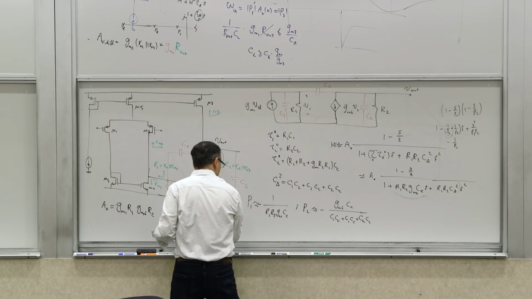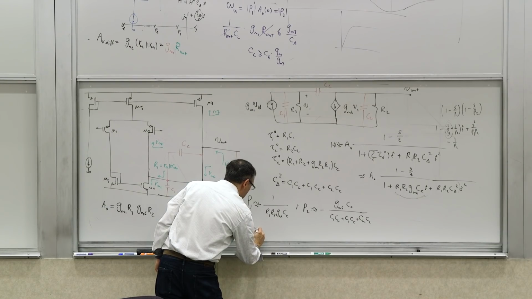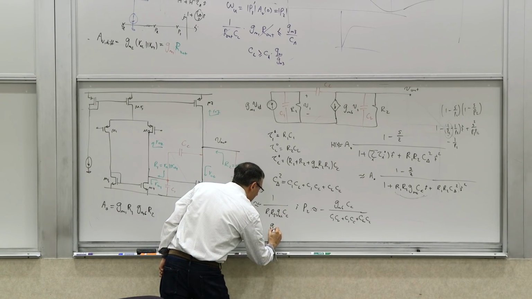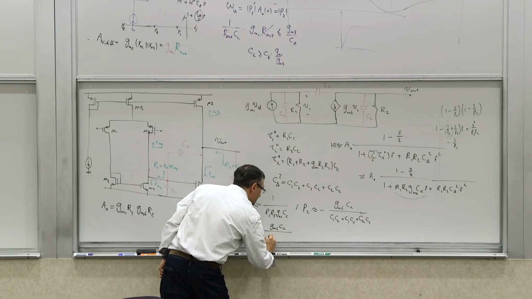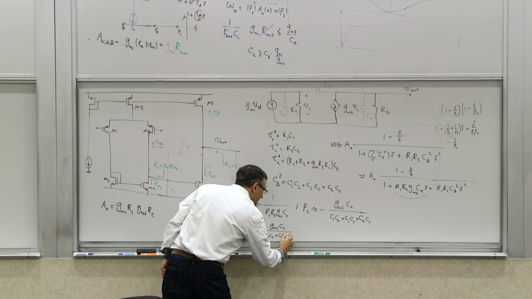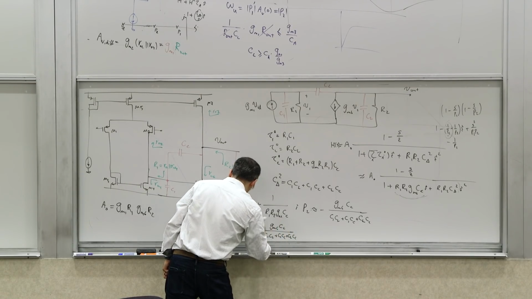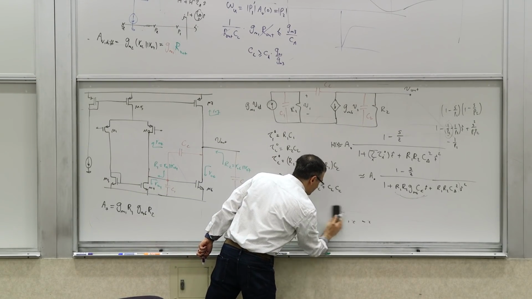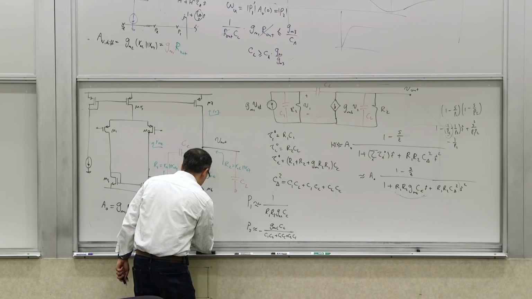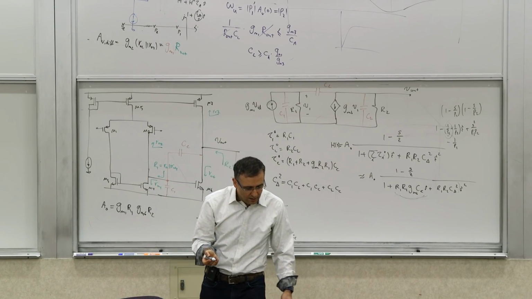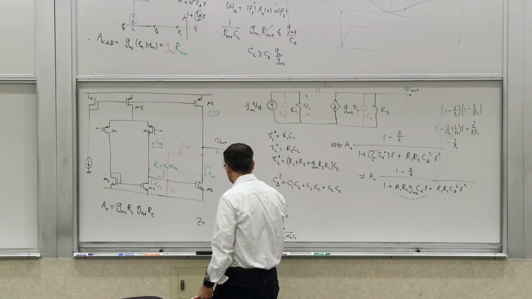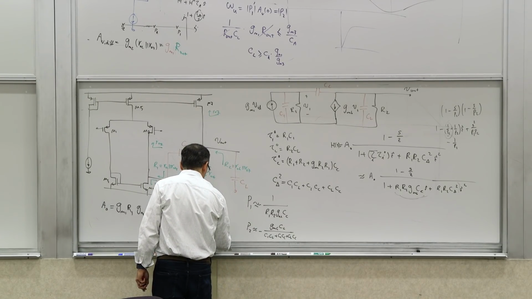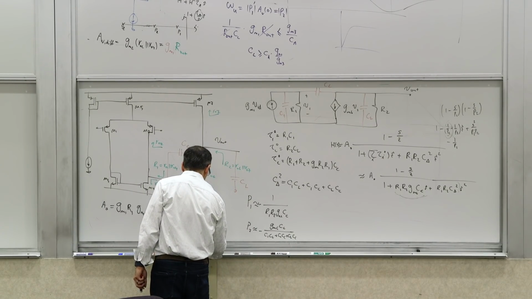Let me just copy it down here below because I need to do some stuff with that. And the 0, in case you're interested, is GM6 over CC, and it's positive, right half plane.